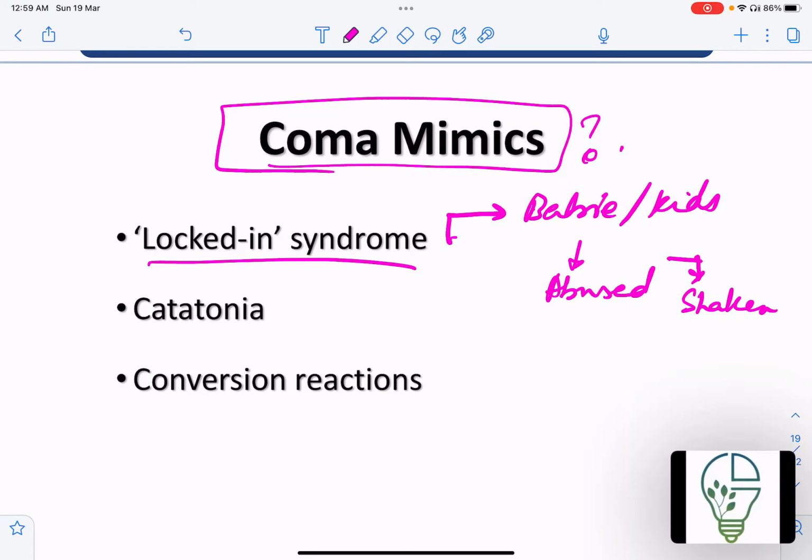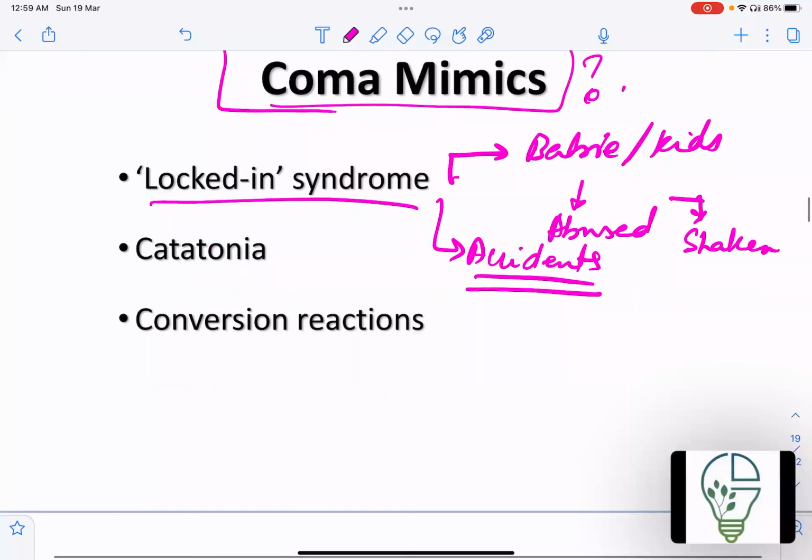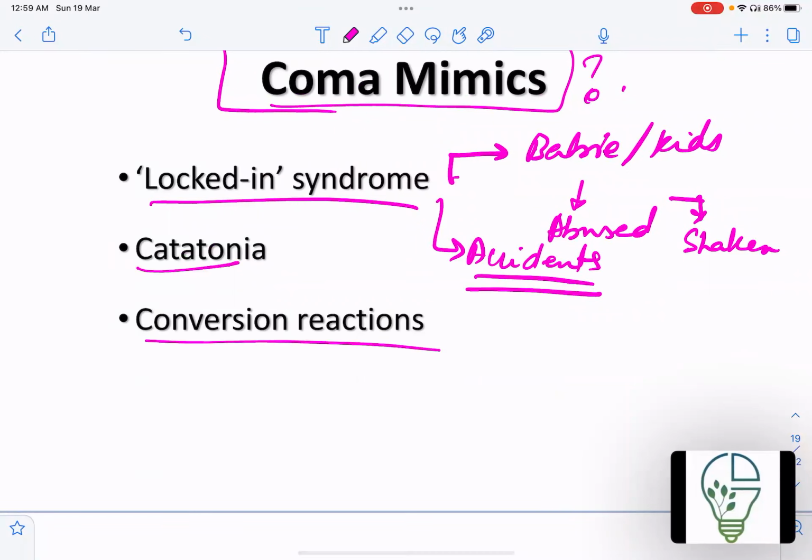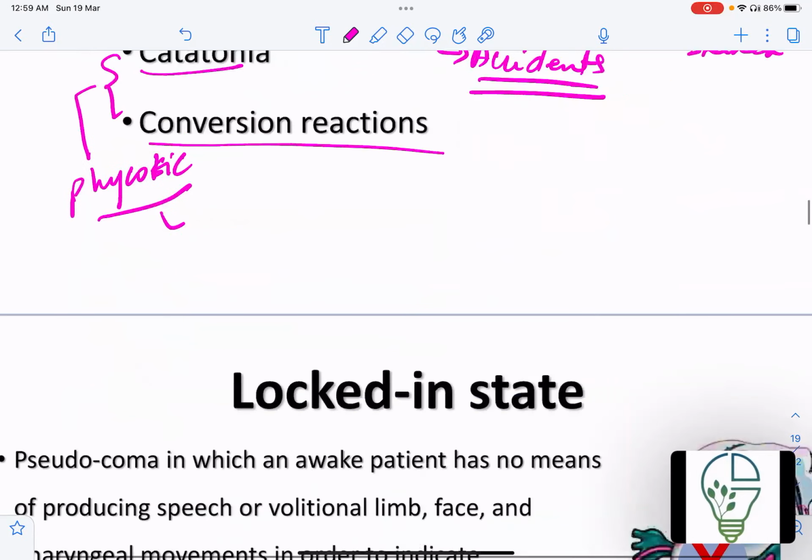In adults, it's most common in accidents. Okay. The second one is catatonia and conversion reactions. Both of these are psychiatric-related episodes. We'll discuss them as we go through them.